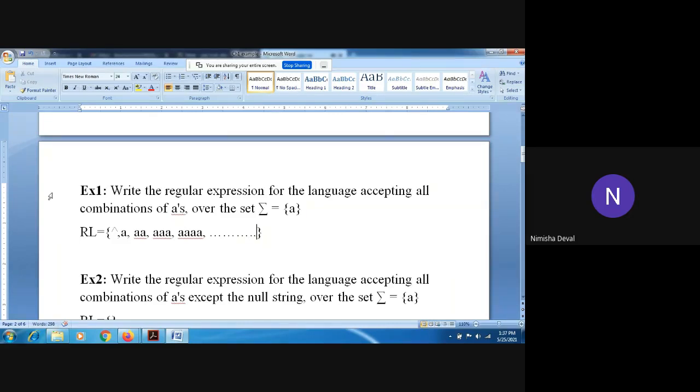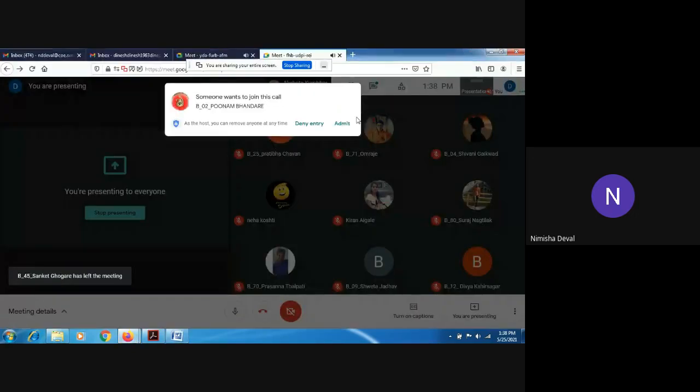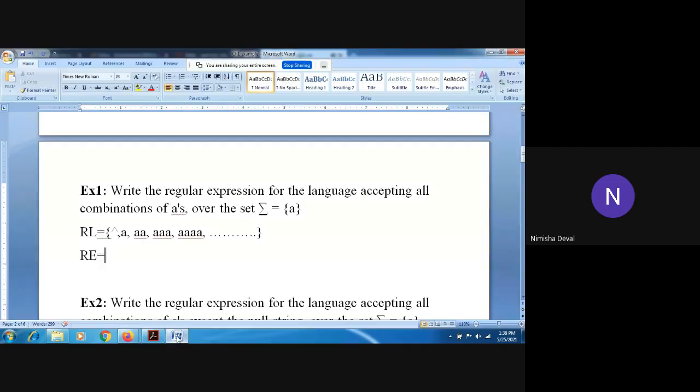Now we have converted our regular language statement into a set. According to this set, our regular expression accepts all combinations of a, including the null value also, because all combinations means 0 or more occurrences.